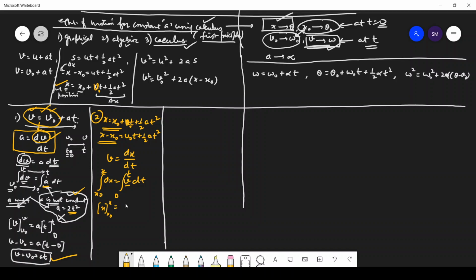now put the value of v. So 0 to t, this is v naught plus at into dt. Is it okay, students? Now this comes out to be x minus x naught, and this is equal to, now distributive law, so 0 to t v naught dt plus 0 to t at into dt.